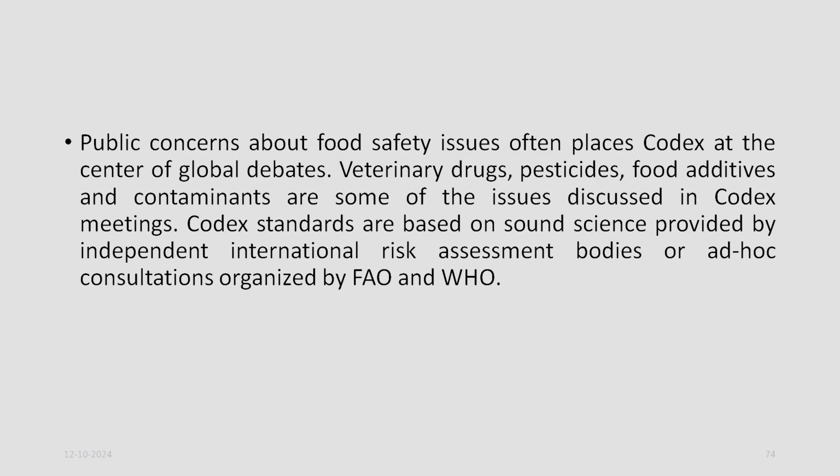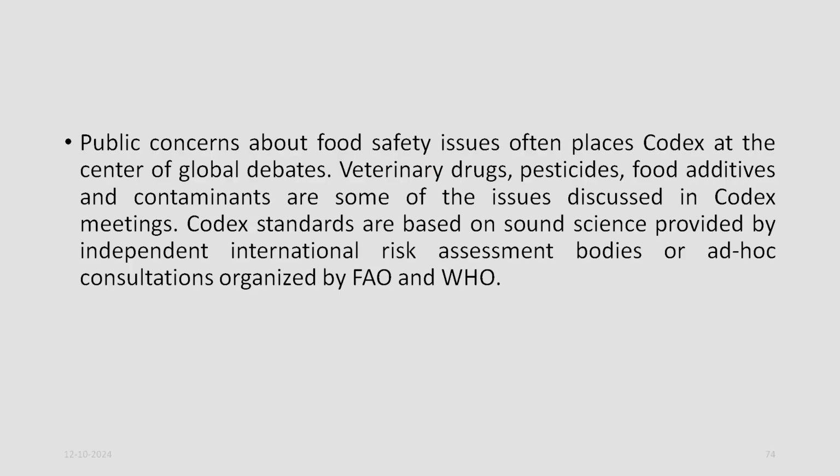That will depend upon the kind of drugs used for the animal meat, or when the animals were disinfected by some medicine, so what kind of drugs were used. Then pesticides used during farming or at the time of harvest. Food additives, like for taste, that can be used for popularizing the foods, sometimes coloring is done, that kind of additives. And contaminants are some of the issues discussed in Codex meetings.